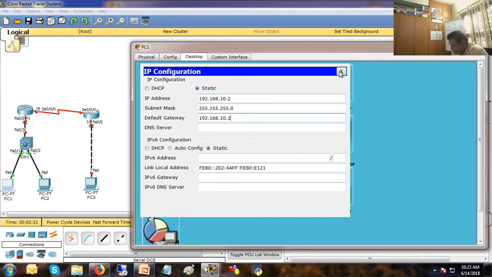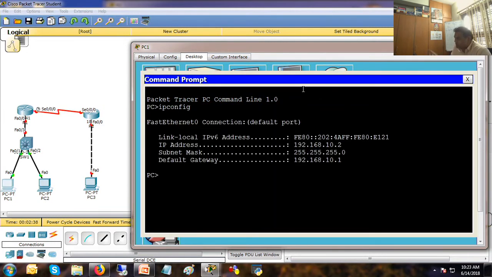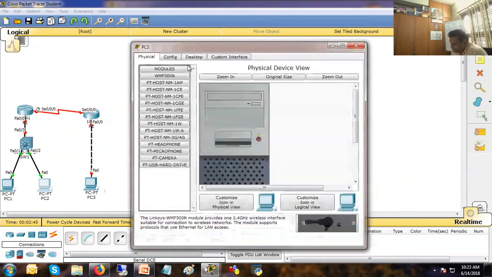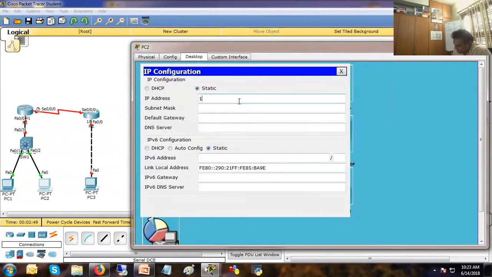You keep on telling. Close your notebook and tell me the answer. Next, PC2: 192.168.10.3, /24 subnet mask. You don't need to wait for my configuration. I know the answer, I'm just expecting you to tell me.